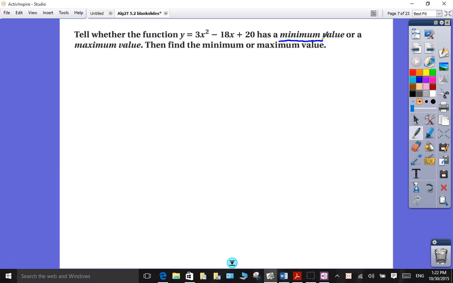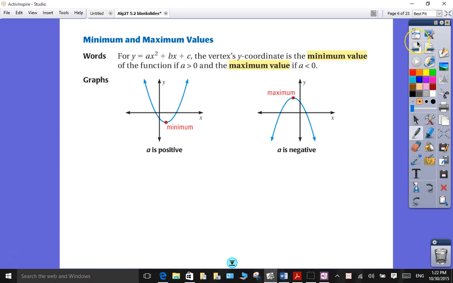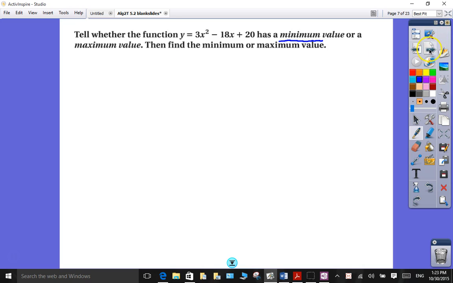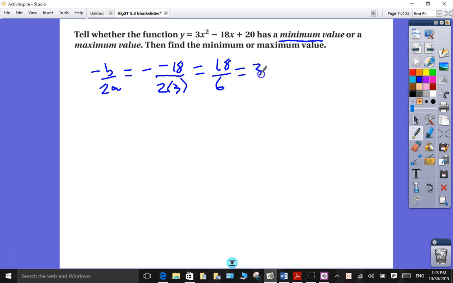Okay, well understand, if I go back to this slide here, it says that it's the y coordinate. It's not the x value of the vertex that gives you the minimum or the maximum. It's actually the y coordinate, right? So it's two steps. First, we need to find the x coordinate so that we can plug it back in, and then the y coordinate will be our answer. So let's see, negative b over 2a equals negative 18 over 2 times 3, which is positive 18 over 6, which is 3.